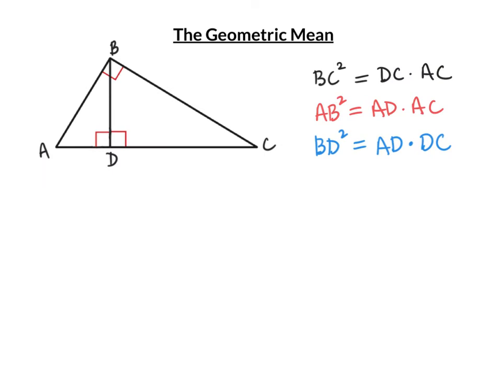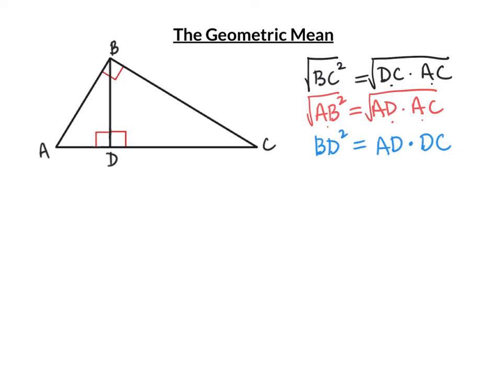Remember that idea of the geometric mean? The geometric mean is the square root of the product of two numbers. Notice that BC, if I solve for it, I have to take the square root, is the square root of DC times AC. In other words, the length BC is the geometric mean of DC and AC. And the second statement, if I solve for AB, I have to take the square root of both sides, and AB ends up being the geometric mean of AD and AC.